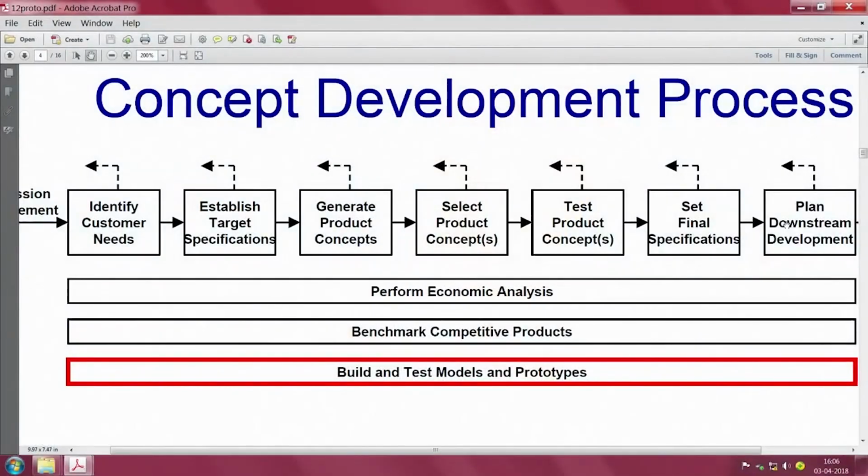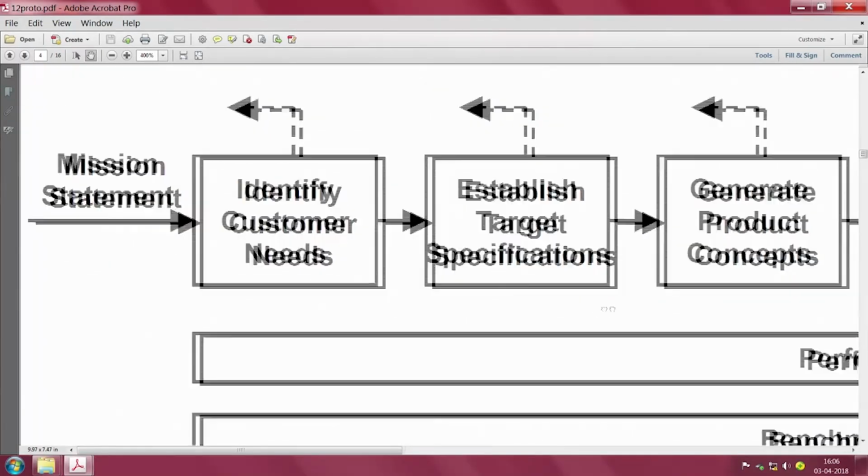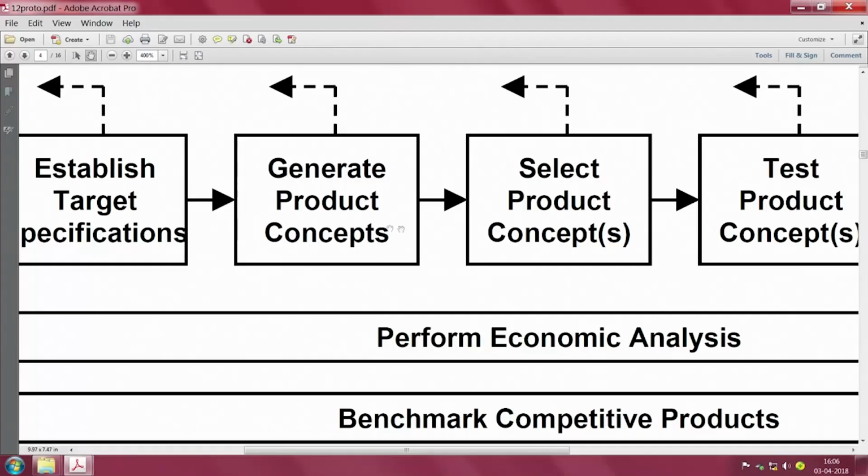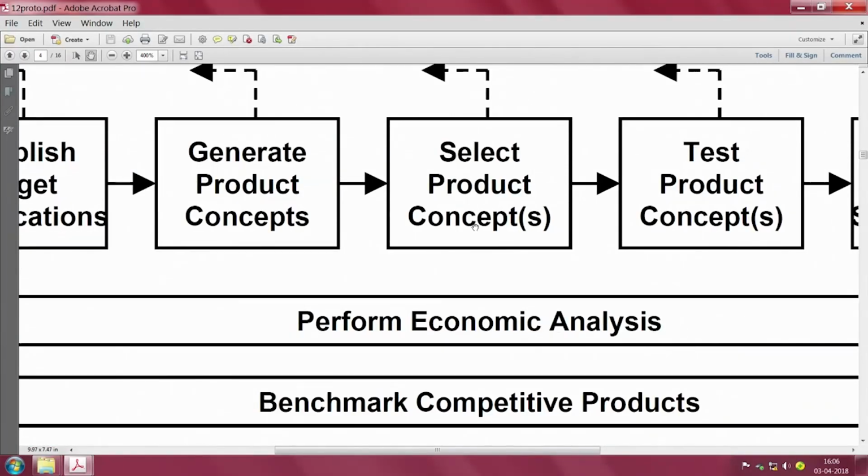So, coming back to this slide, at this point we have identifying customer needs, target specs, product concepts and select product concepts. Now, when we talk about a product concept, it is real that this is not an easy thing. Have a look at this mouse.